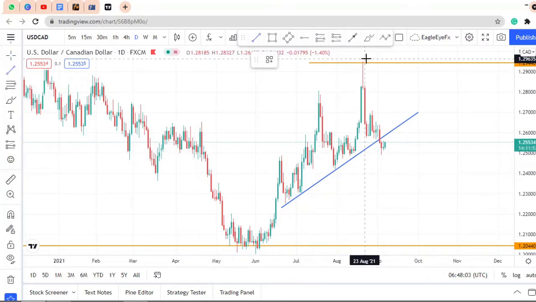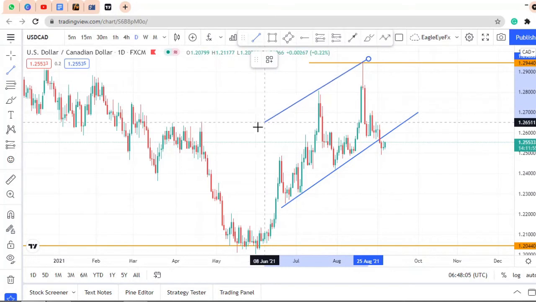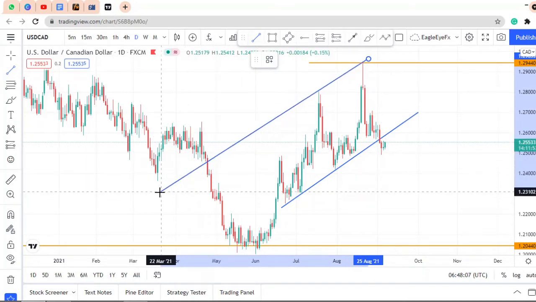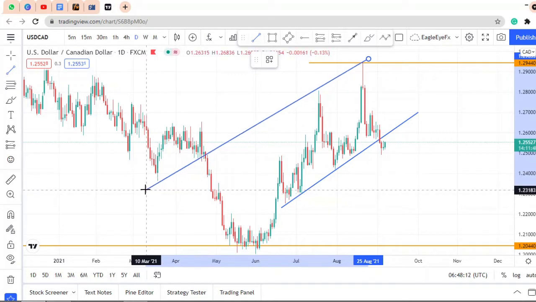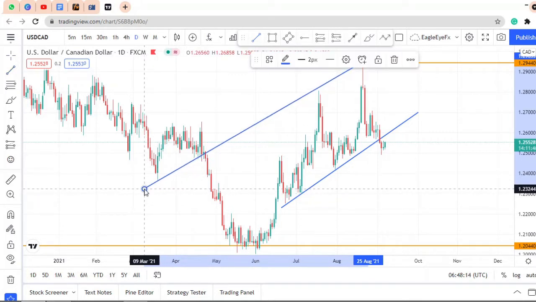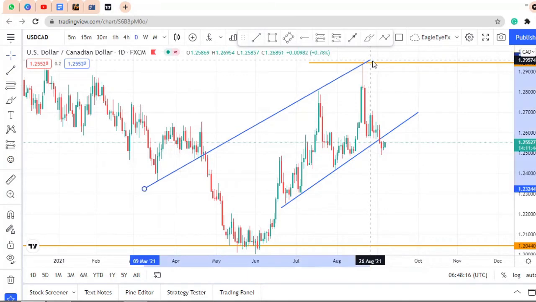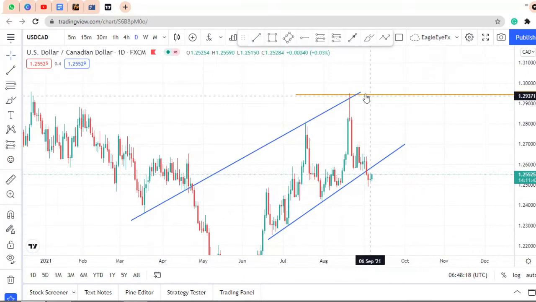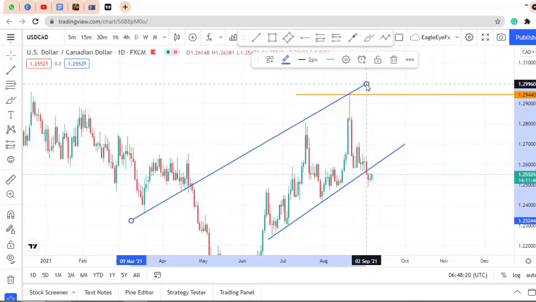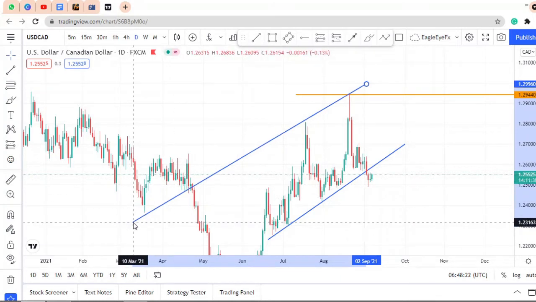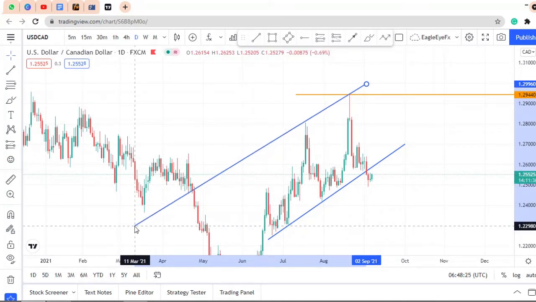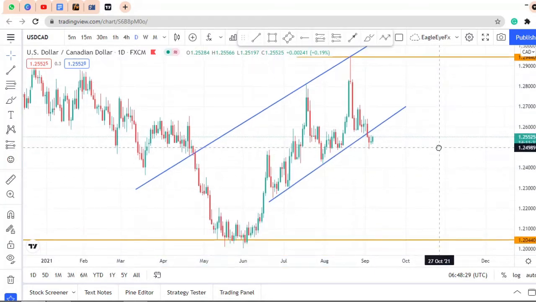Okay, so based on this, what I can see is that if I draw another trend line here like that, you can draw it like that. Remember, I told you guys there's no perfect trend line, but what we try to establish is to look for a place that has at least two or more touches.